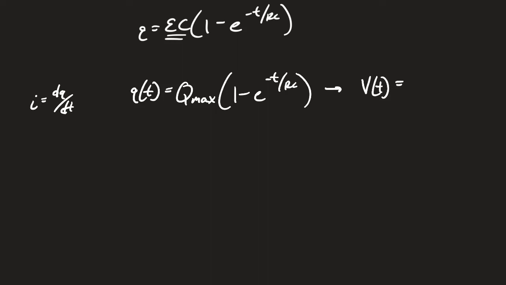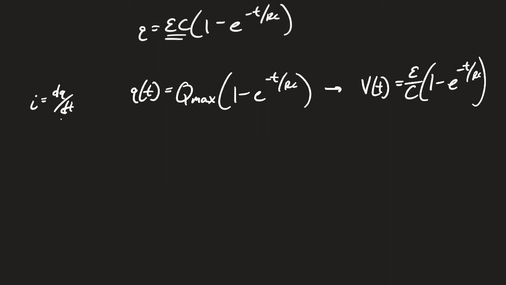It's going to be equal to the total EMF over C times 1 minus e to the minus t over RC, which tells us that the charge on the capacitor and the voltage on the capacitor are identical in the way in which they charge.